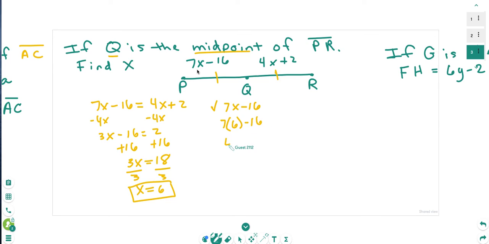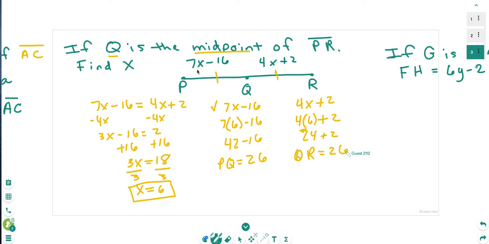That's going to give me 42 minus 16, which tells me that PQ is equal to 26. 4x plus 2. I'm going to use my substitution property to put in my 6 for x. 4 times 6 is 24 plus 2. So QR is equal to 26.